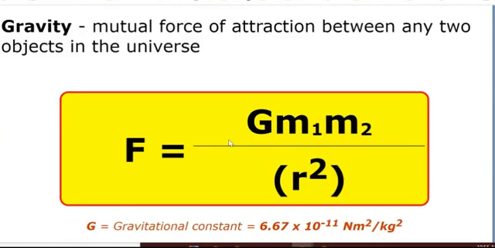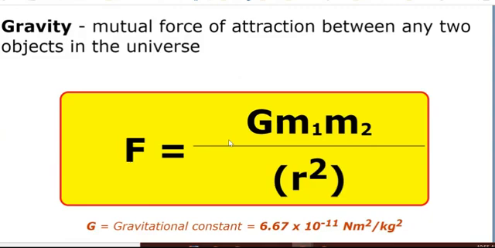What law of Newton would tell us that the Earth pulls down on me, but do I apply a force to the Earth? Yes, and it's mutual.